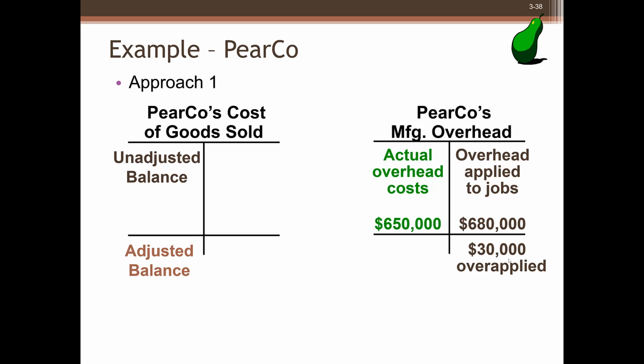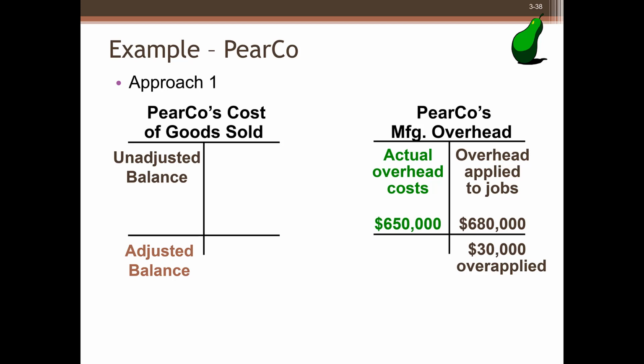Okay, now we need to close it. When we say close the account, we are saying we want to make it 0. The manufacturing overhead account right now has a credit balance of 30,000. We want to make it 0 on the credit side as well. That's called closing.